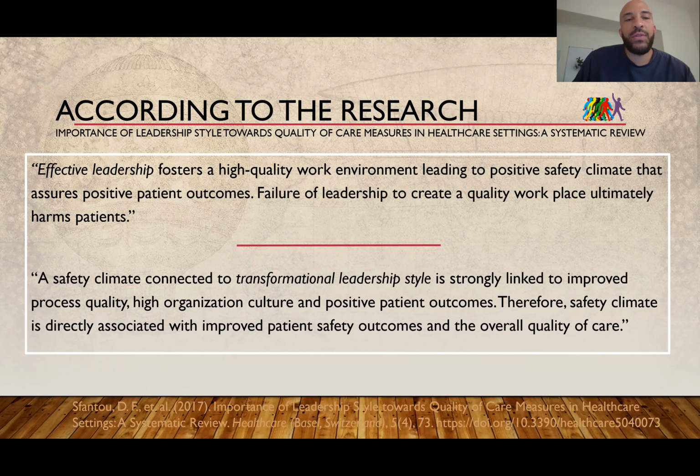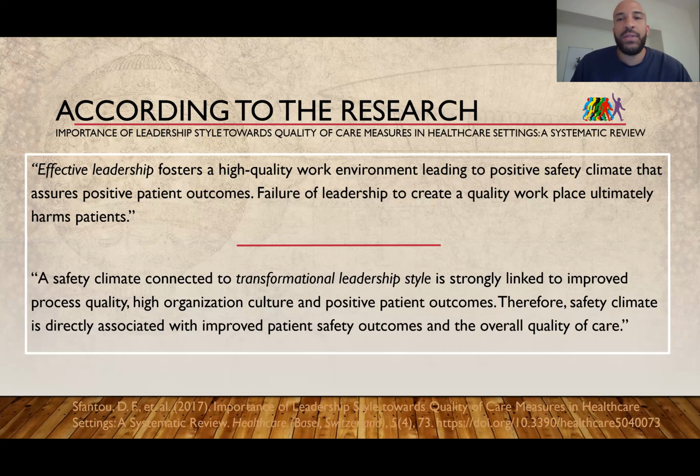So, I included this excerpt because I wanted you guys to have an understanding of how important it is for us to not just want to become leaders, but to learn how to become effective leaders, by recognizing that there is documented change and difference in having an effective leader in a work environment. And that change is that it creates a positive safety climate.